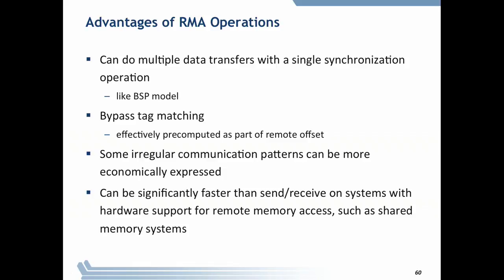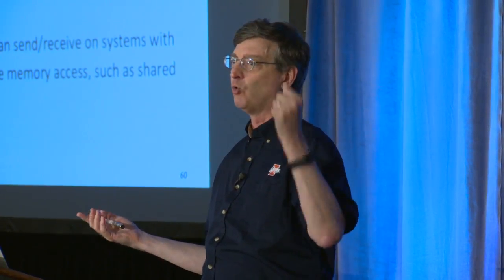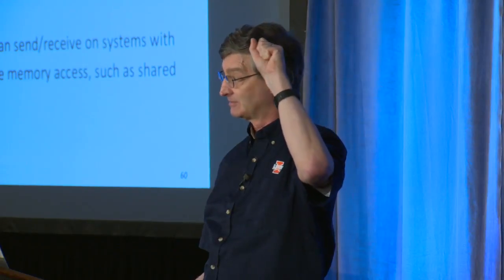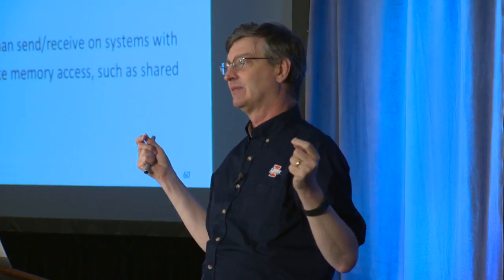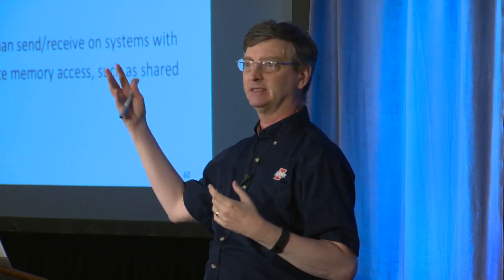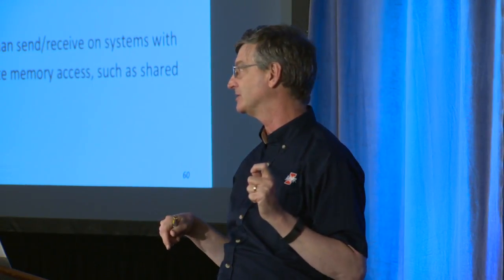So in particular, because I'm just doing a put or maybe just doing a get, I don't need to go and find a matching tag, a matching context ID. So I don't need to do tag matching or envelope matching. And so in some sense, you can think of it as the process of deciding where I'm going to put that data. So one process says, I'm going to put this data at that specific location in memory. In some sense, that matching, that decision of where that data goes has already been determined and somehow communicated to the process that's doing the put.